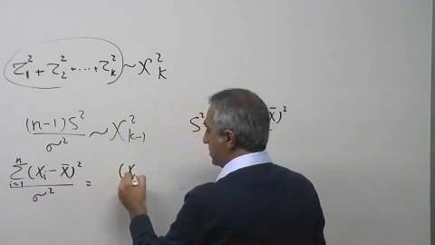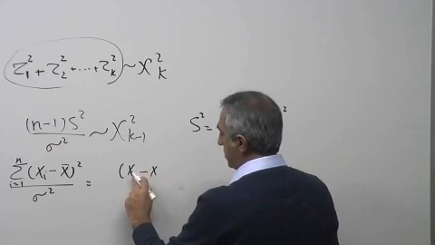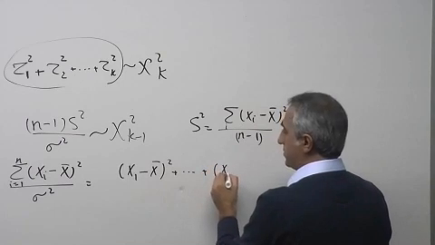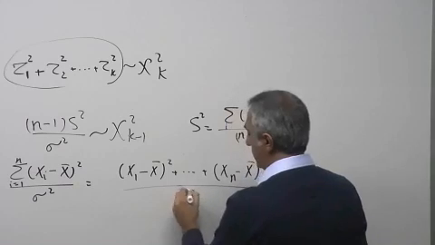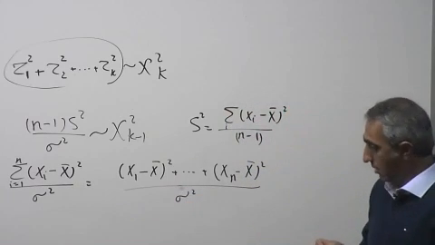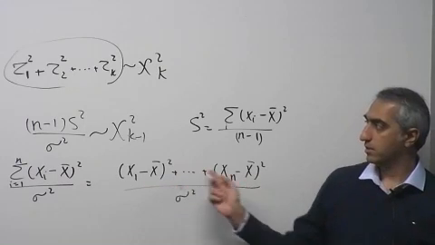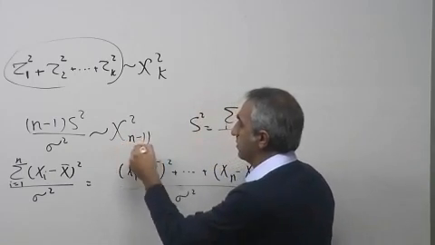And this is x1 minus x bar squared up to xn minus x bar squared divided by sigma squared. Okay? So how many terms do I have here? N. All right? Actually, this one is n minus 1, not k minus 1, sorry.